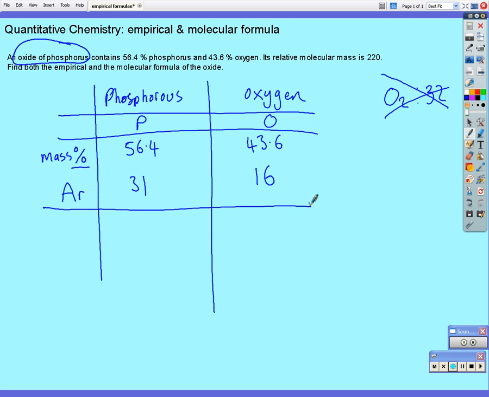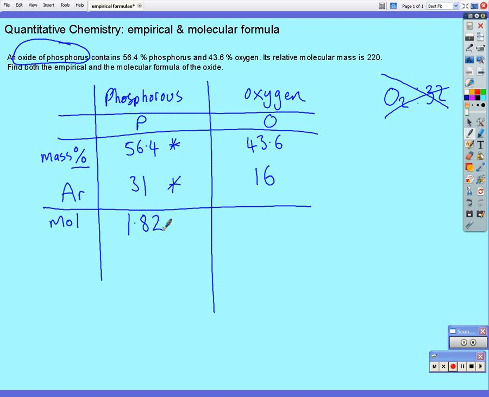Now, the reason we do that is to work out the number of moles of each substance. And we do that by dividing the percentage mass by the relative atomic mass. So divide this number by this number, and if you do that, you get a value of about 1.82 for phosphorus.